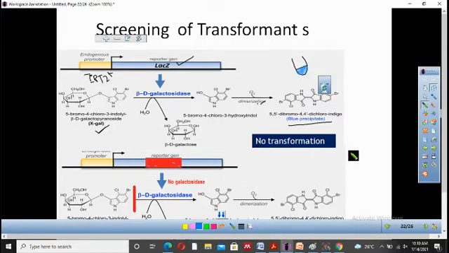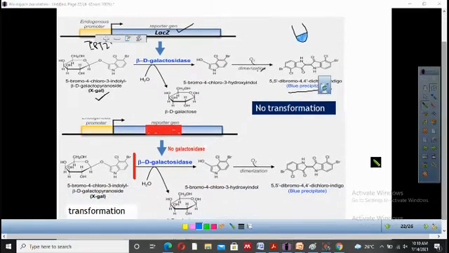But if foreign DNA gets integrated within the lacZ region, what will happen? The X-gal will not bind with the enzyme because the enzyme is not present. Basically, X-gal binds with the enzyme and the product gets dimerized to form the blue product. But here no enzymes are present, so these reactions won't happen, and only the X-gal will remain as such.